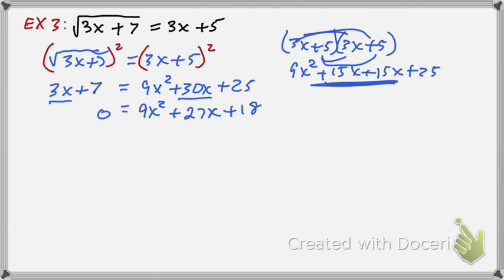Okay, any suggestions at this point? Good call, Parker. Divide by 9. So I've got x squared plus 3x plus 2. And again, I could use the AC method. Or I can just look at that and go, well, x plus 2, x plus 1.